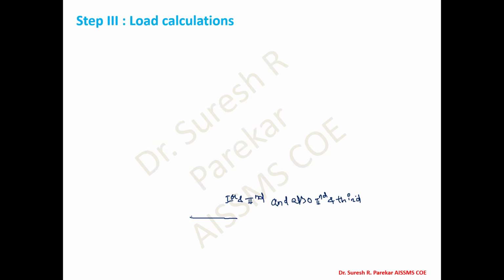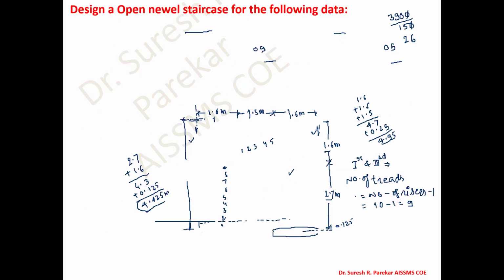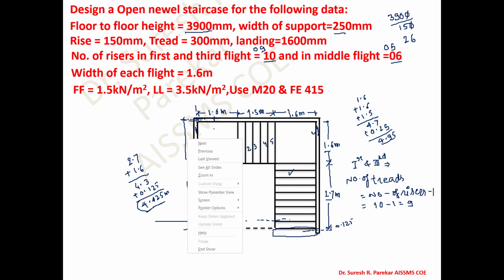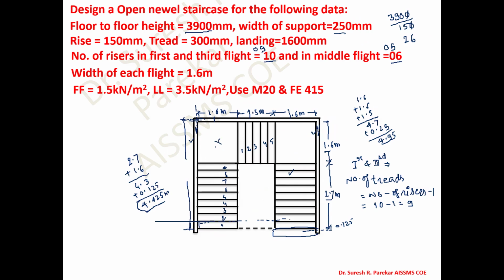So you can see if I go to the diagram, this landing is common for first flight and second, and this is common for second and third. So half load will be taken by flight one, and half of this landing by flight two, and half by flight three.